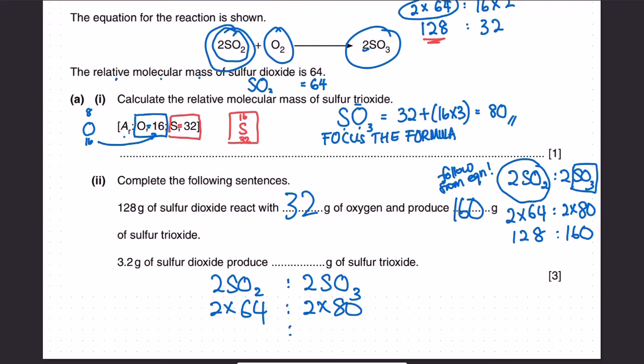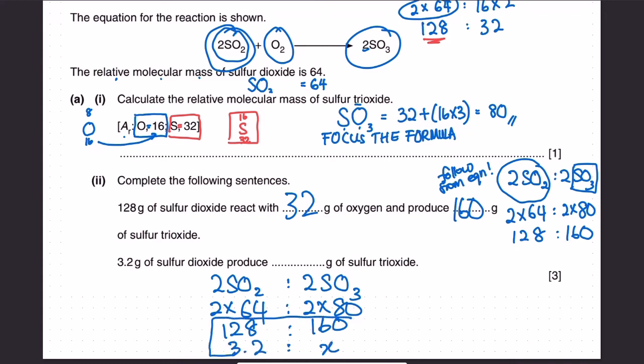Next, we put in the 3.2 underneath the sulfur dioxide column, 3.2. Okay, before that, I'll calculate the value first. Easier to see. Okay, then I'll put the 3.2 underneath the sulfur dioxide column.